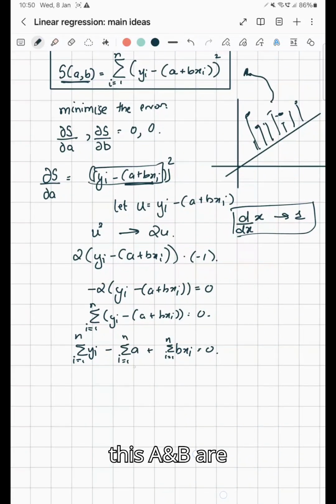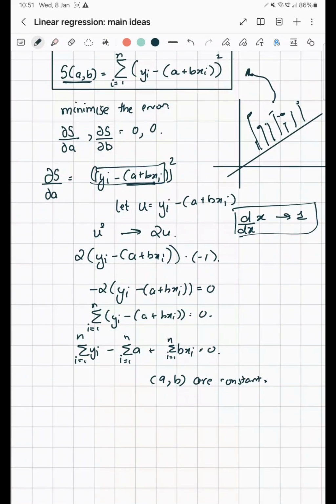Now if you notice that a and b are constants, so this remains the same. I'm not going to write it out, because if you add something n times you get na. That's very obvious.